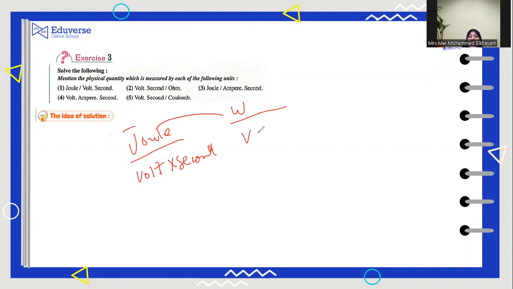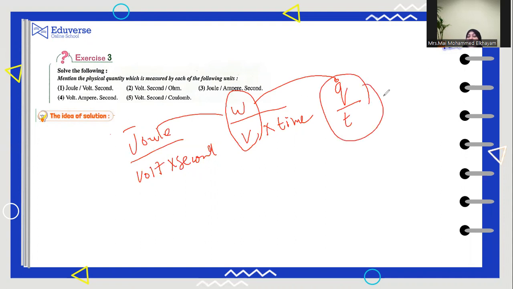Is that true? Yes. And second is time. I can take work over volt and change it into quantity of a charge over time. This relation reminds you of the current intensity.